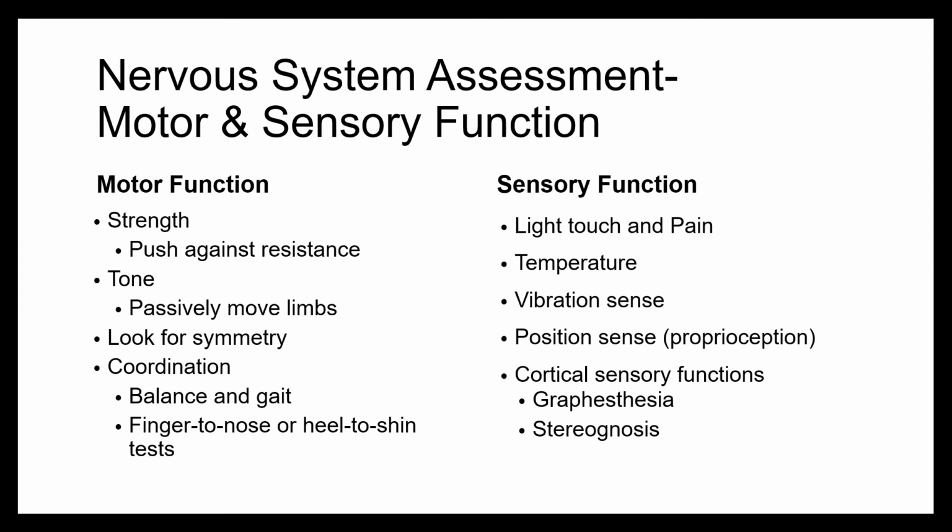We're going to check from left to right in both their upper and lower extremities so that we can assess for symmetry. Then if you look at the bottom of this first column, you're going to see that coordination, balance, and gait, by means of the finger to nose or heel to shin test, is what's going to be included there. That is a subcomponent of motor function.